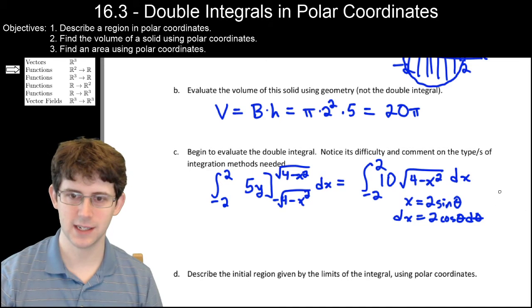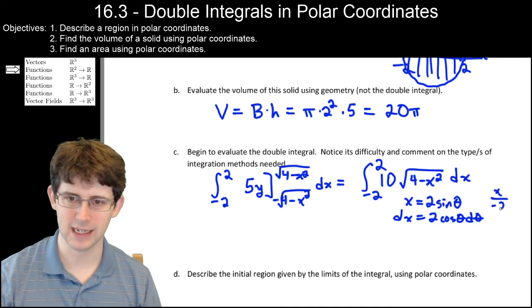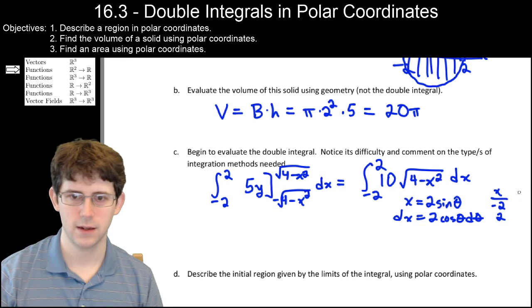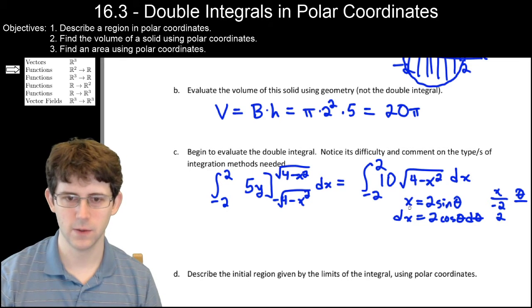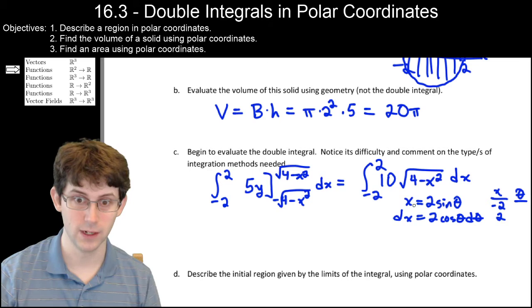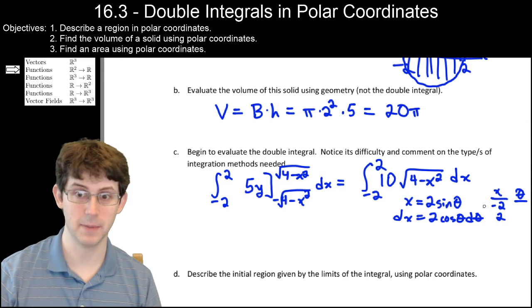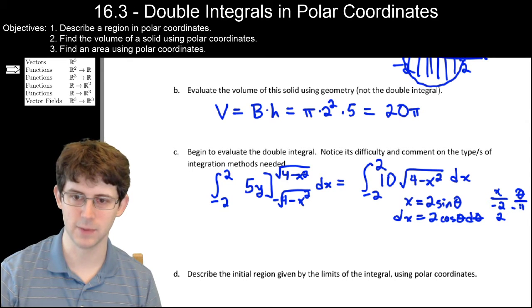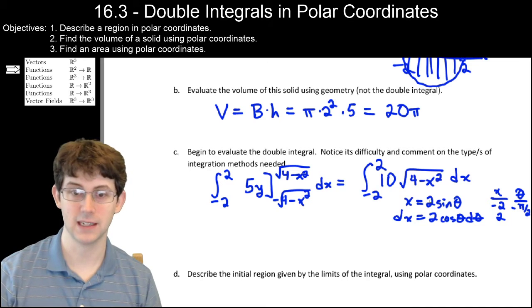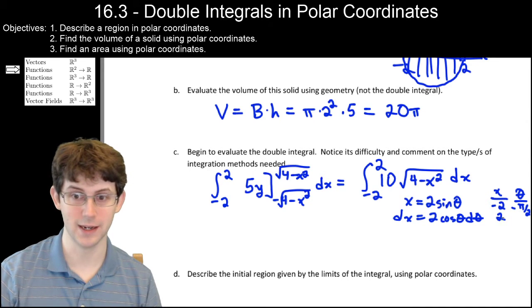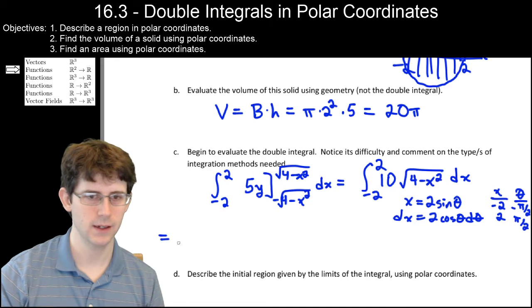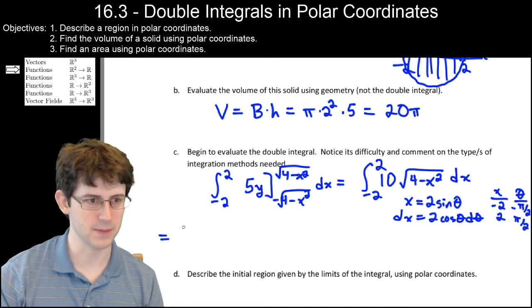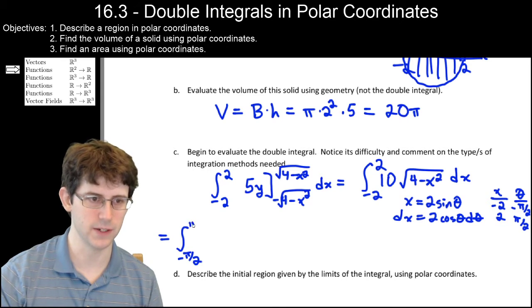And then the bounds, x was going from -2 to 2. So what is theta going to? Well, if x is -2, that means sine theta is -1, and that happens at minus pi over 2. If x is 2, that means sine theta is 1, and that happens at pi over 2. So once we've done the substitution, it's going to be a theta integral from minus pi over 2 to pi over 2.